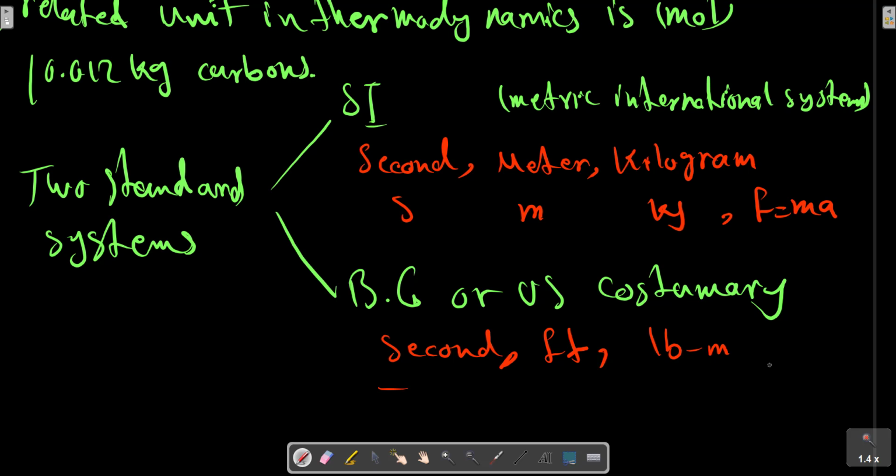The traditional system of units used in the United States is the English engineering system. In this system, the unit of time is the second, which was discussed earlier. The basic unit of length is the foot, which at present is defined in terms of the meter.